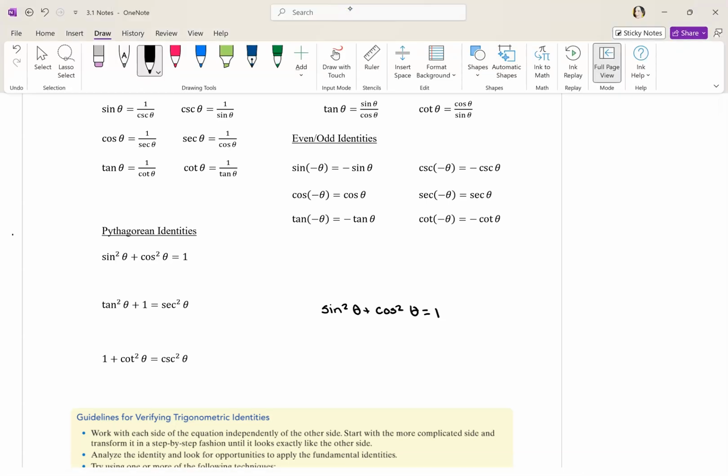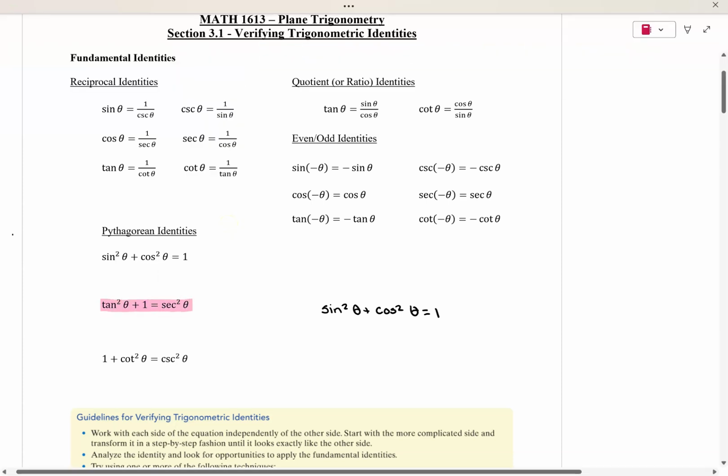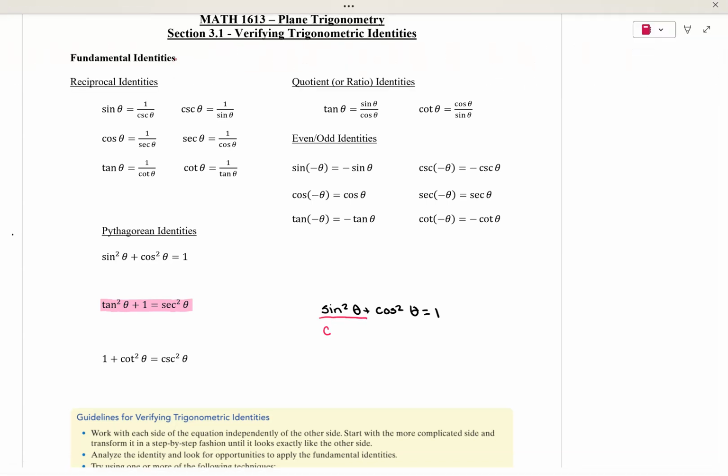I want you to notice, and I'm going to talk about this one first, if I divide everything by cosine squared, I get this. This right here can be written as tangent squared. Cosine squared divided by cosine squared is 1, and then 1 divided by cosine squared is secant squared.